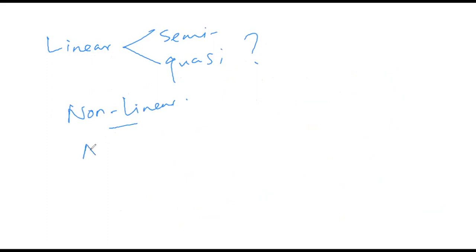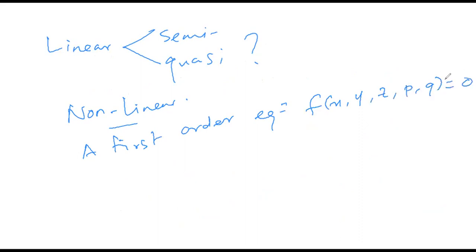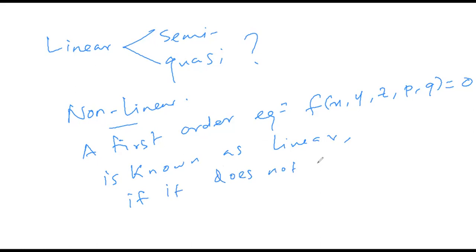A first order equation f of x, y, z, p comma q is known as non-linear if it does not come under the above three types.